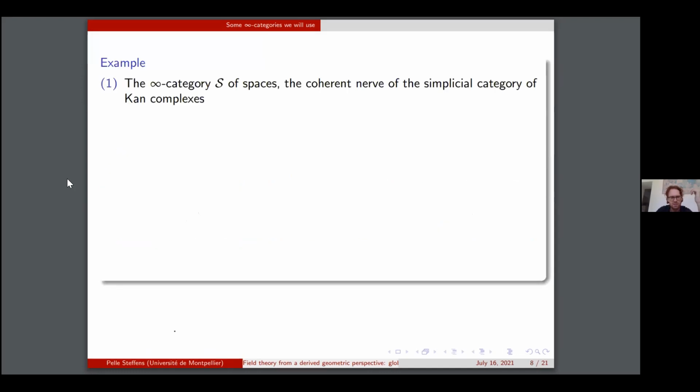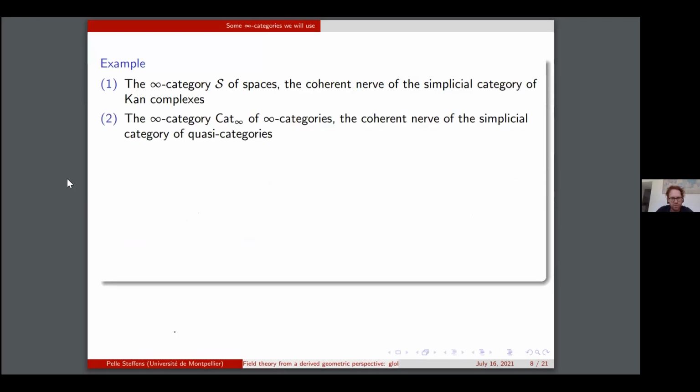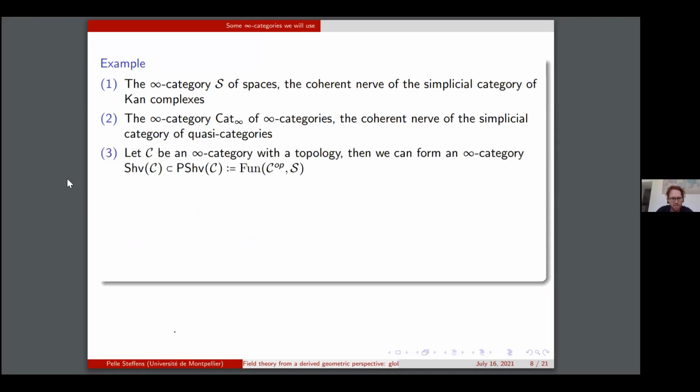And there's just a few categories we need. So there's the infinity category of spaces, or infinity groupoids, that we all probably are familiar with. So I will do this a couple of times. If you have an infinity category equipped with some kind of Grothendieck topology, we can consider sheaves.